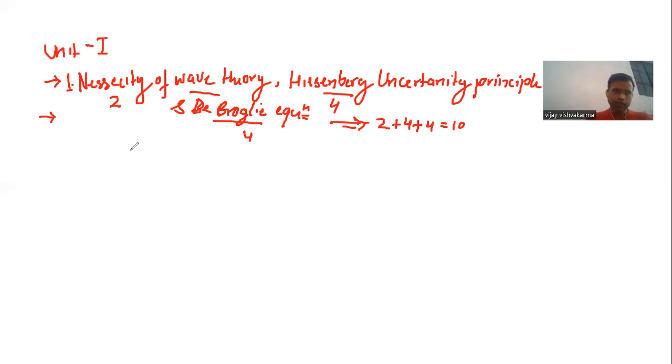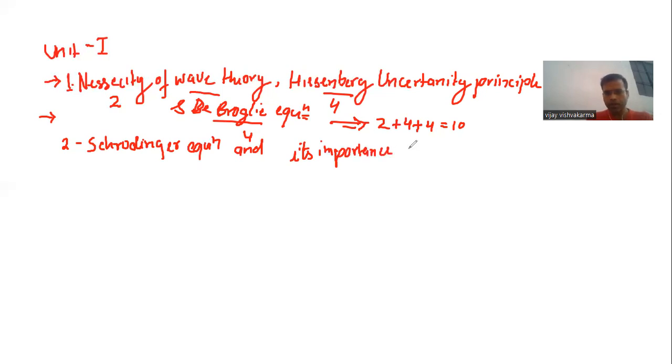Now the next question from unit first, question number 2, will be the Schrodinger equation and its importance, and the solution to the particle in box model.